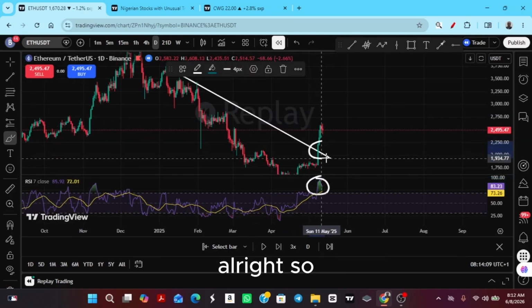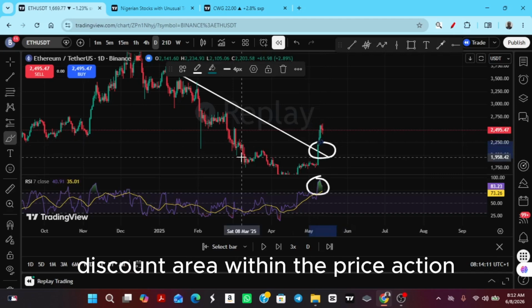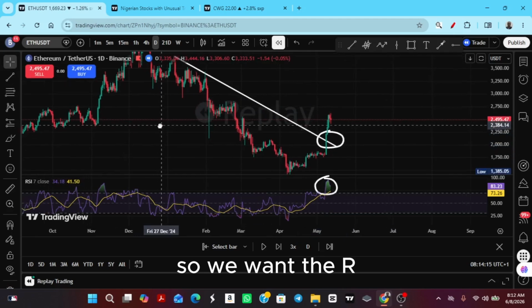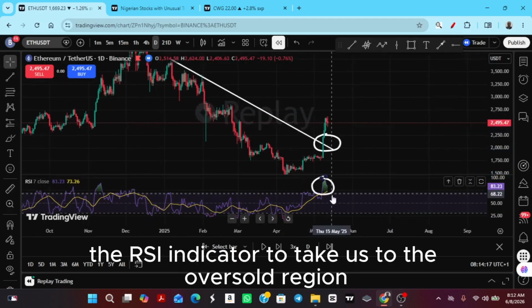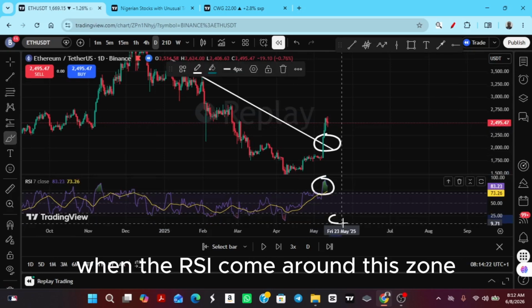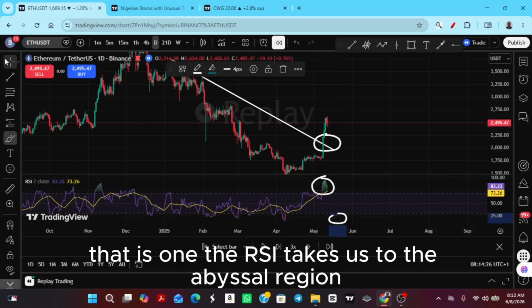So we want the RSI indicator to take us to the oversold region. In other words, we like to take the trade when the RSI comes around this zone. That is one: the RSI takes us to the oversold region.